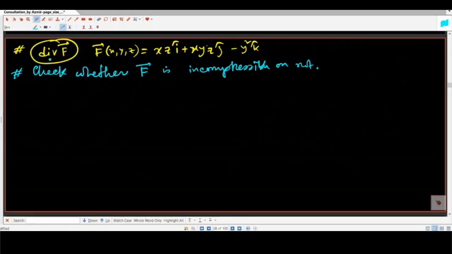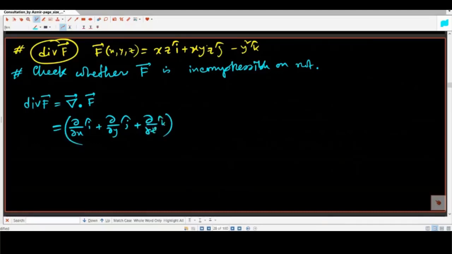So let's find the divergence, div of f, that is del dot f. Since it is a function of three input variables, it will be ddx i, ddy j, ddz k dot f. f has three components p, q, and r.